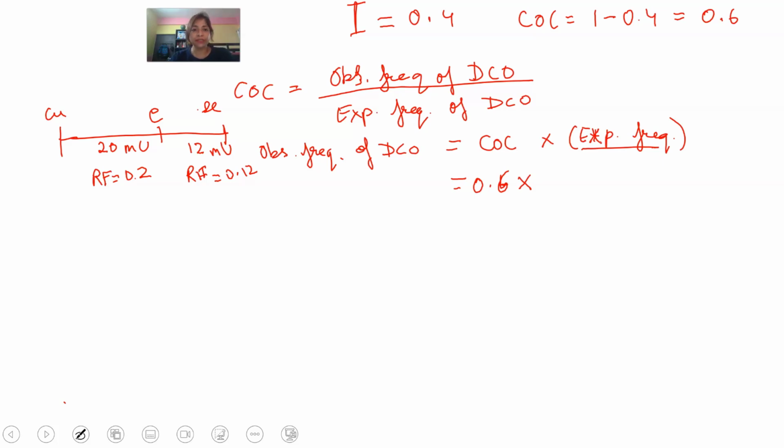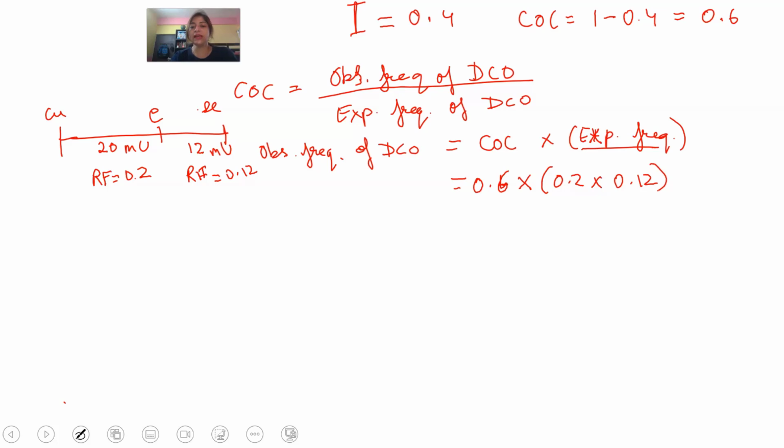So how do we calculate the expected frequency? It is the multiplication of the individual recombination frequencies, because that much is our expectation. Now it does not match the expectation because of interference. So the expected frequency of double crossover is 0.2 multiplied by 0.12.